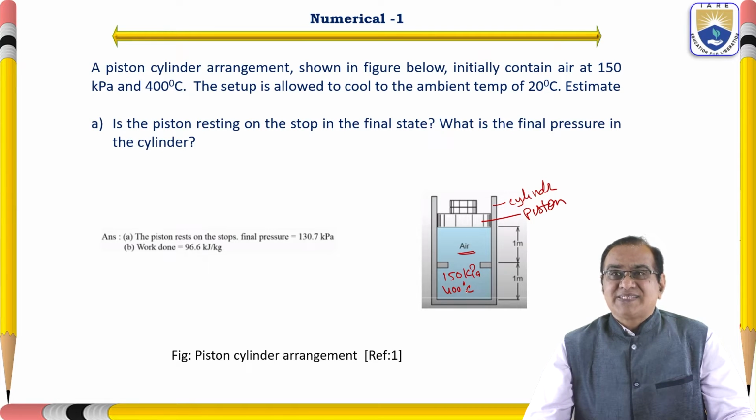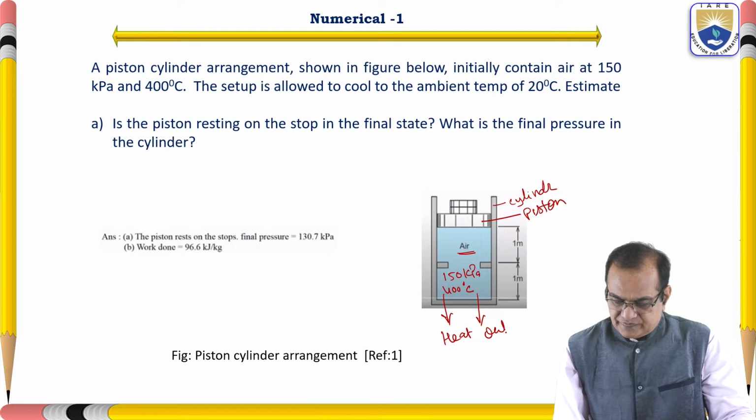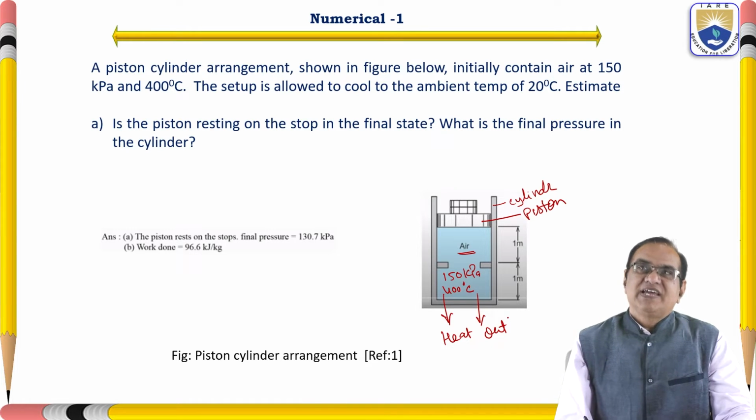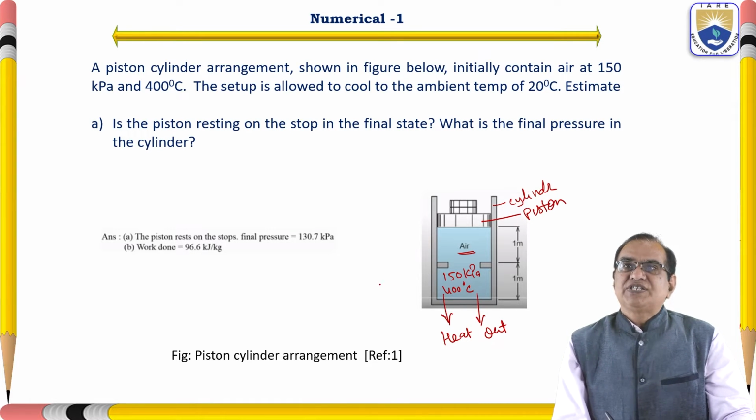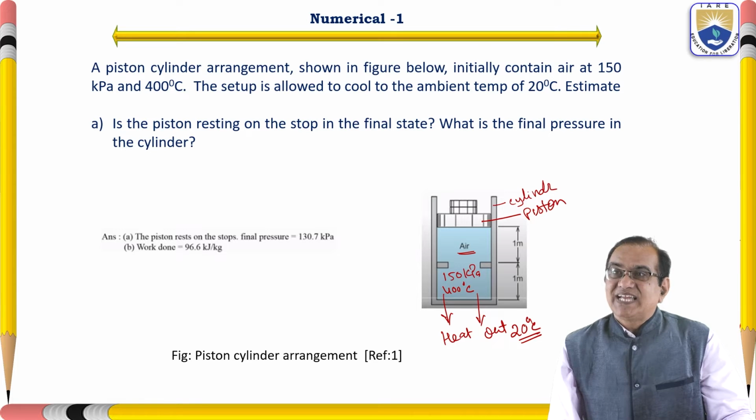The setup is allowed to cool, which means heat is going out. Heat out is negative. So it cools to the ambient temperature, that is 20 degrees centigrade. From 400 degrees centigrade we have reached 20 degrees centigrade.